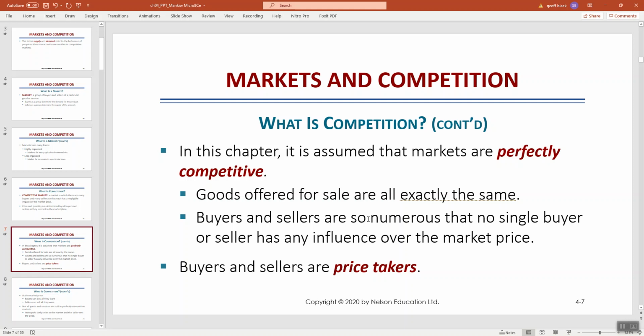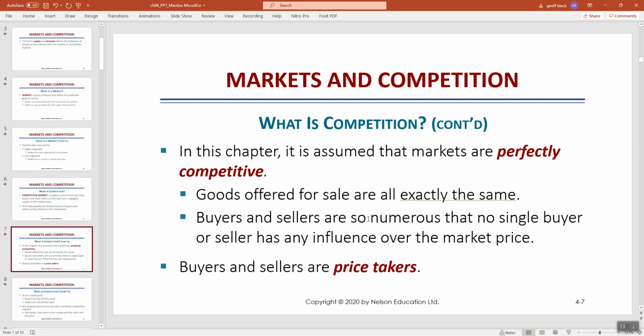We're going to say, yes, there are definitely many buyers and many sellers. Okay, so then we dodge the problem of one firm actually having influence over the price by way of how much they're going to supply. And we also dodge the problem of one buyer influencing the price because they have enough influence to do so with their demand. So we nullify that problem. We're also going to assume that in a perfectly competitive market, the good or the service that is being provided is the exact same.